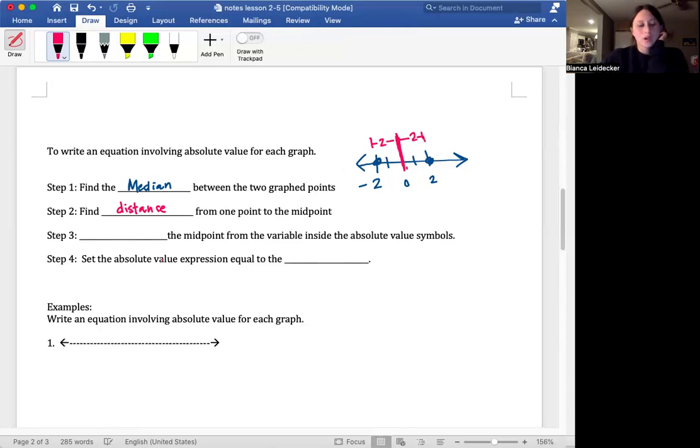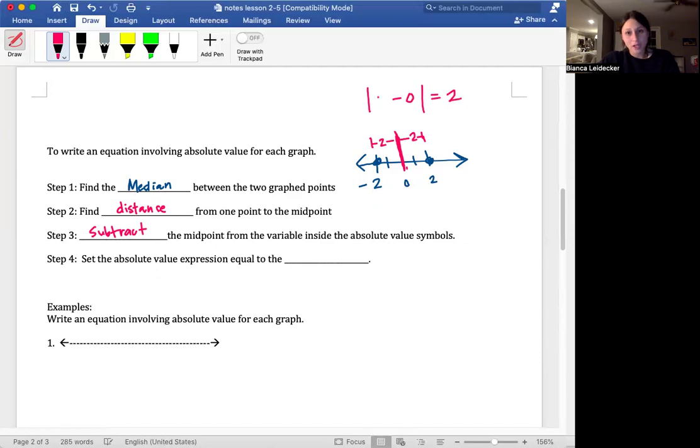Step 3, subtract the midpoint from the variable inside the absolute value symbols. So my midpoint here is 0. If I were to create an absolute value, I'm going to subtract 0, and that's going to equal 2.